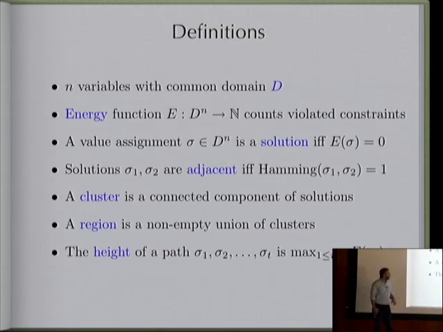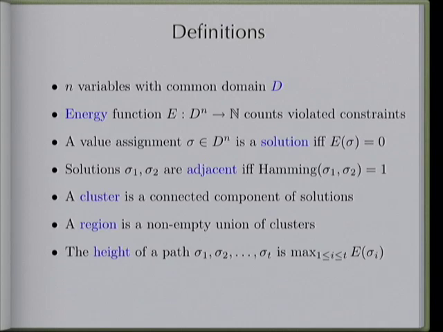And finally, if you give me any particular path between 2 points in this energy landscape, I will say that the height of the path is just the maximum value of the energy function. Because it's like if you want to travel between two places, you know, how high up a pass do you have to go in order to be able to do it in the winter?